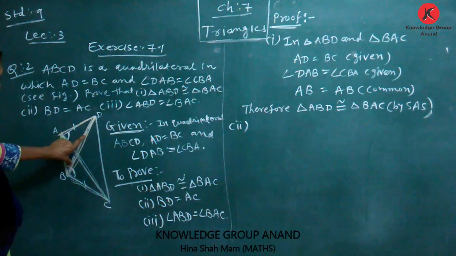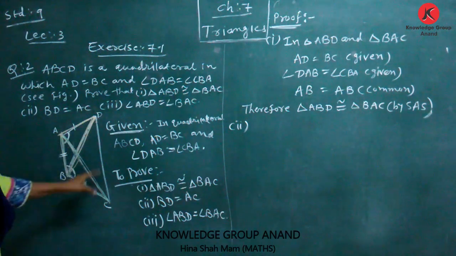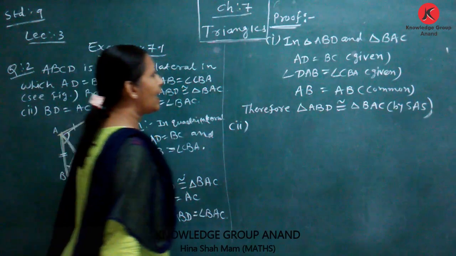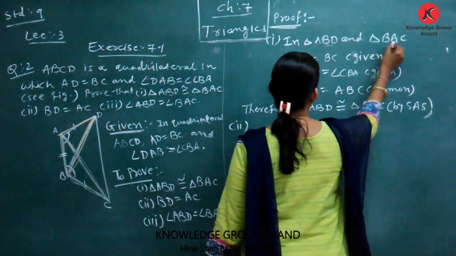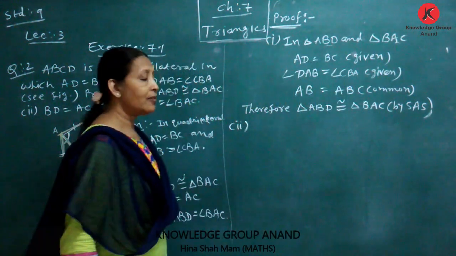BD is equal to AC. In both triangles, BD and AC are corresponding parts.